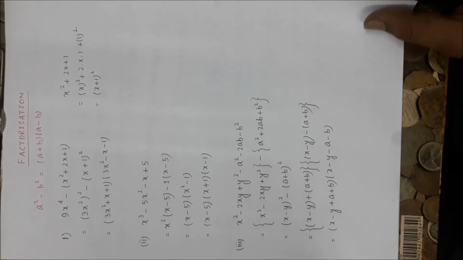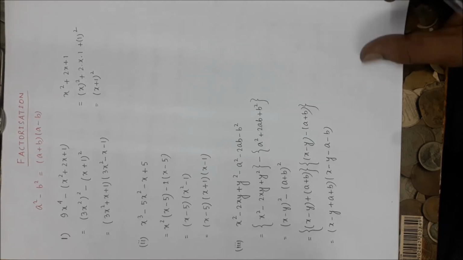If you multiply these two terms, we'll get a square c square minus a square d square minus b square c square plus b square d square. And this minus 4abcd we are writing as minus 2abcd minus 2abcd, because we want to express the given term as a difference of two squares.